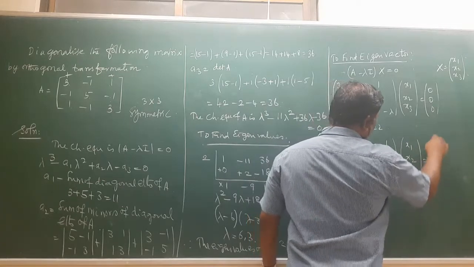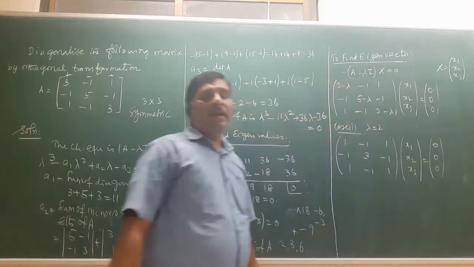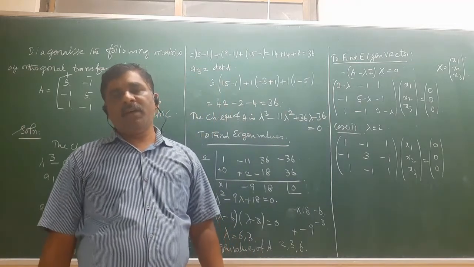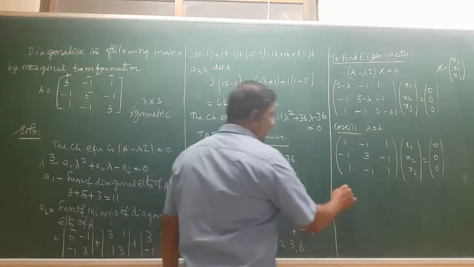To find the eigenvector, you have to take the non-identical rows. It is very easy to find that.